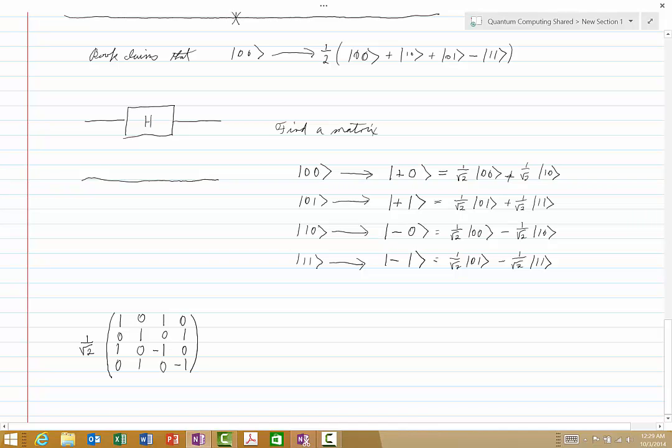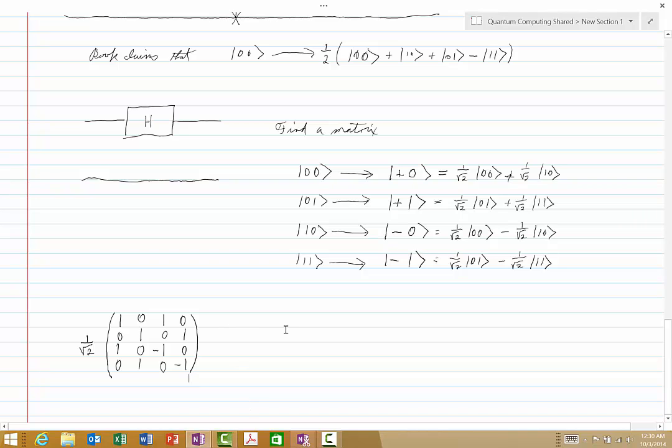And notice that if you take into account that we have a factor of 1 over square root of 2 for all of these terms, then you can easily see that each column is of length 1, each row is of length 1, all the rows are orthogonal to each other, and all the columns are orthogonal to each other, which is what we expect from a unitary transformation.